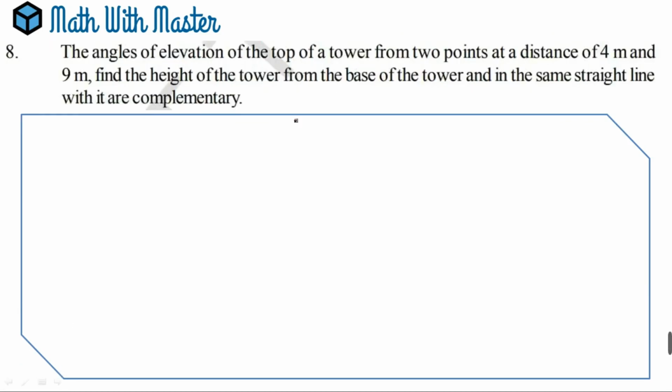Here the angles of elevation of the top of a tower from 2 points at a distance of 4 meters and 9 meters from the base of the tower and in the straight line with it are complementary. Find the height of the tower. So now here we have a tower.